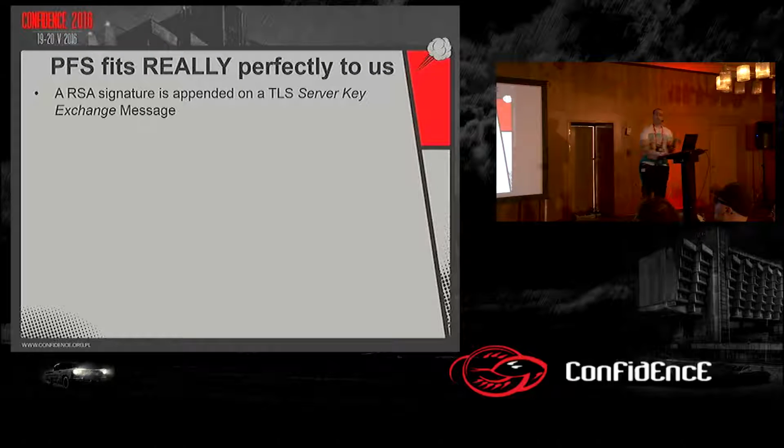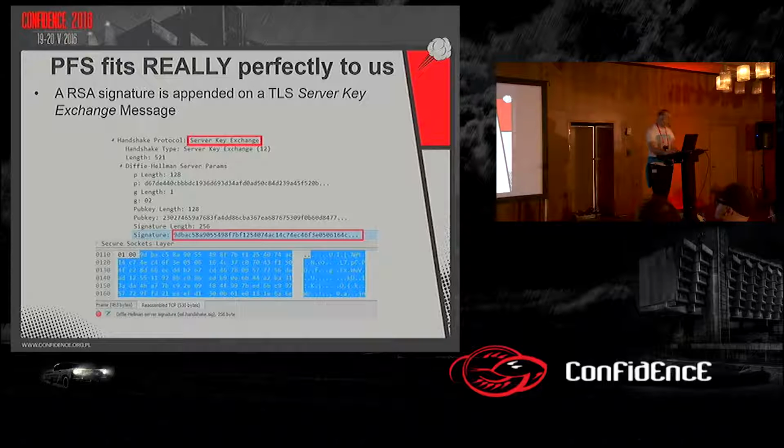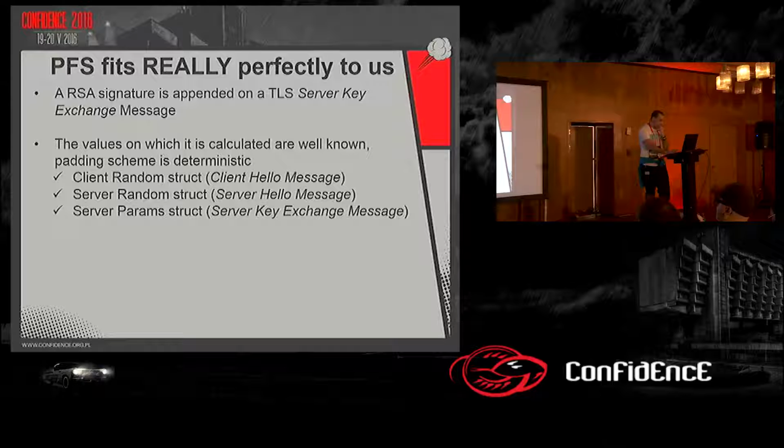And actually, strangely enough, Perfect Forward Secrecy fits really perfectly for us, because when we use this kind of ciphersuite, a signature is appended inside the server key exchange message, as you can see here. And most importantly, this signature is calculated starting from well-known values.